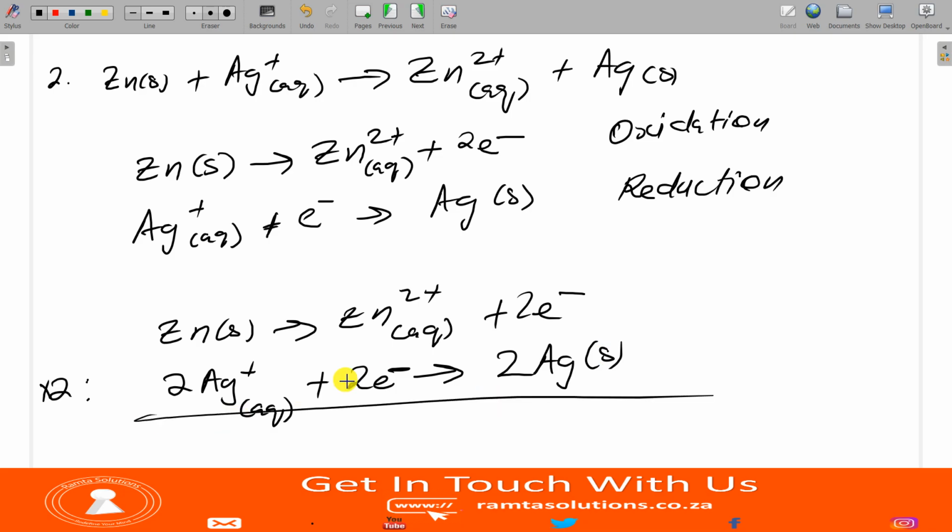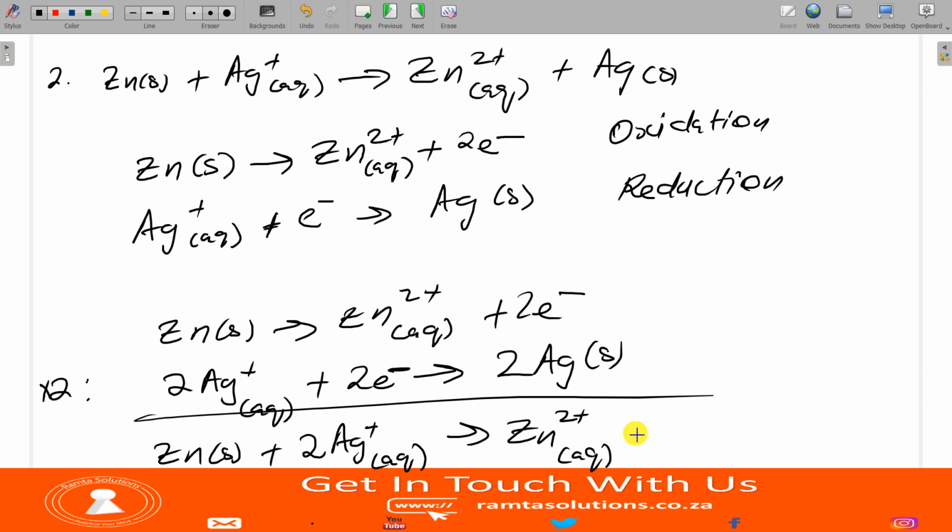Now, as you can see, electrons are cancelling. What do we have? We have zinc solid plus 2 silver ions, giving us zinc 2 plus, or zinc ions, plus 2 silver solid, right? Happy?